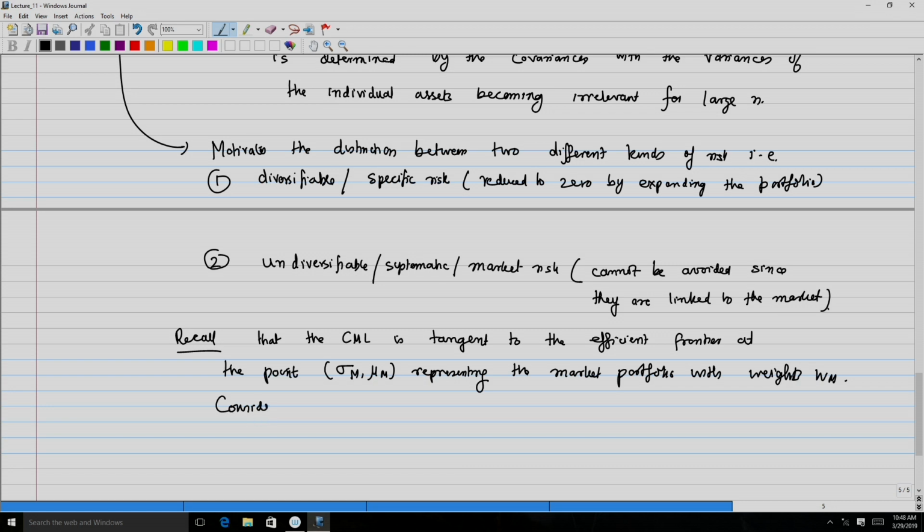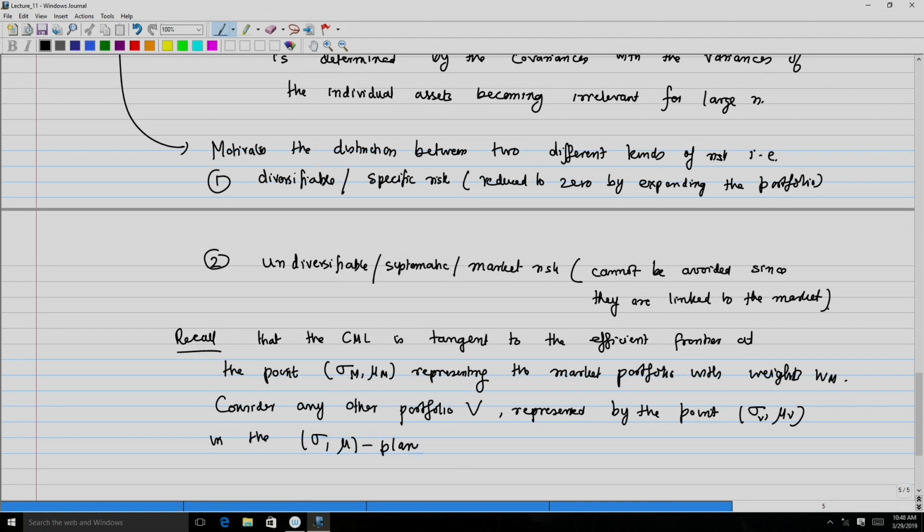Now, consider any other portfolio V which is represented in the sigma mu plane by the point sigma v mu v.